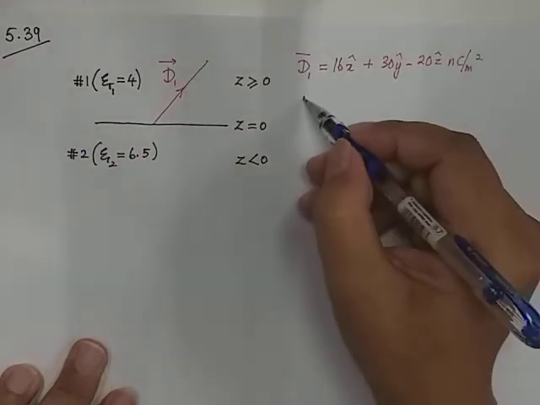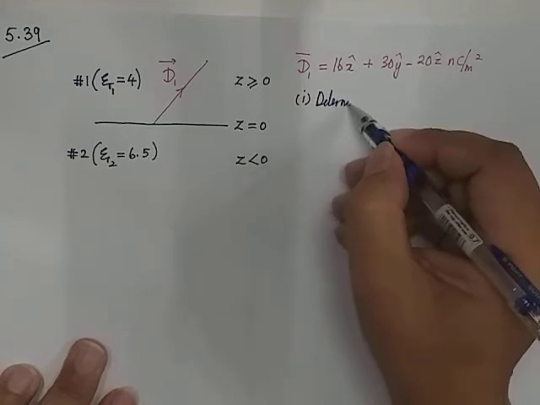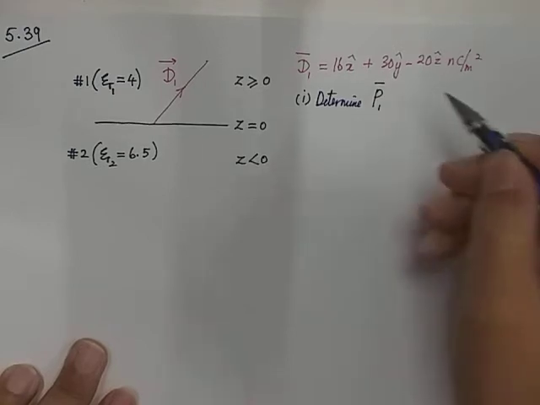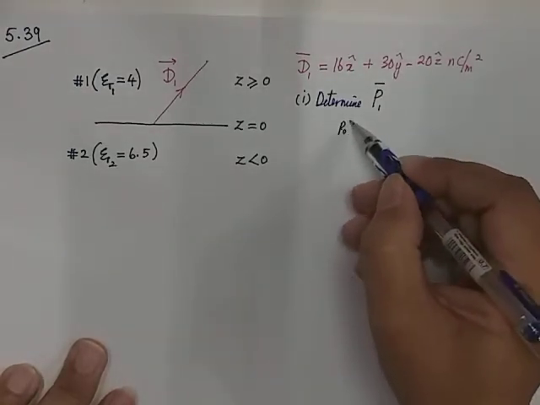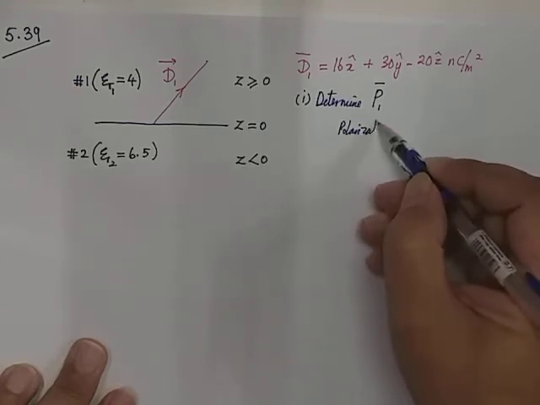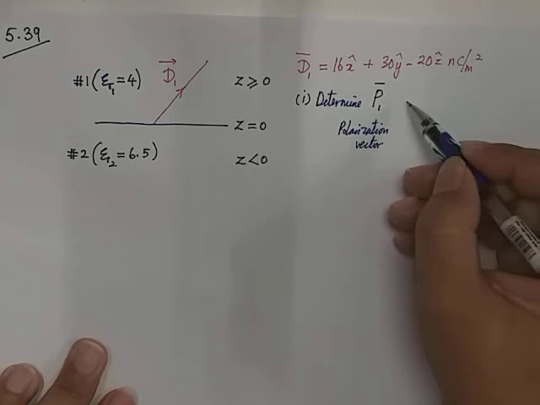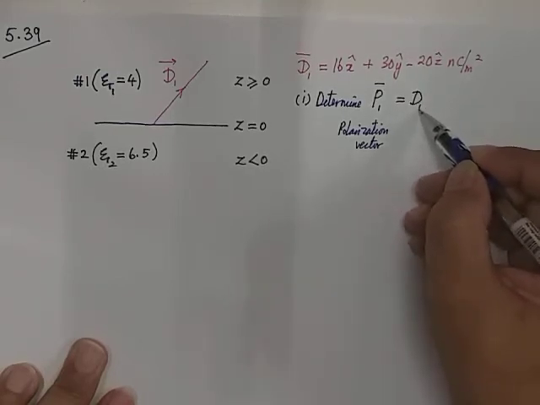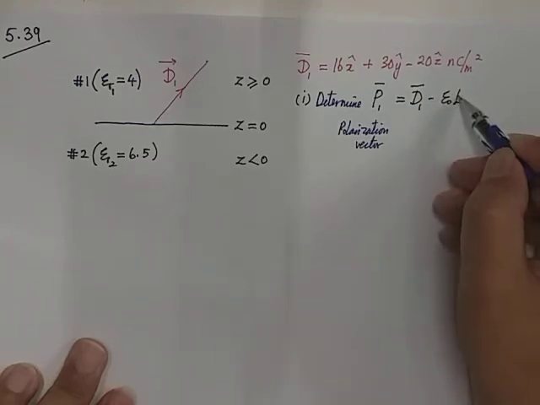Number 1, determine P1. P1 is known as the polarization vector. And P1 here we know should be equal to D1 minus epsilon naught E1.